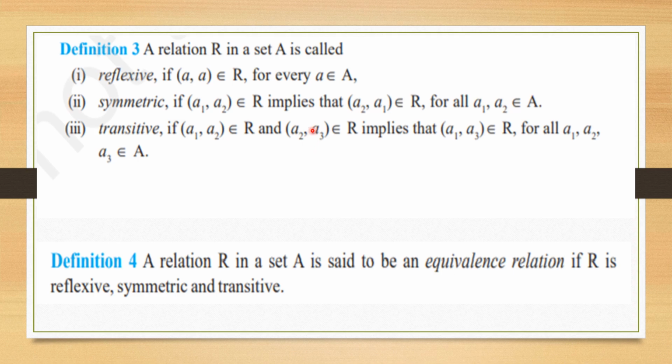We will discuss it in your questions and then it will be clear to you. And a relation R in set A which follows all these three conditions, that is, it is reflexive, symmetric and transitive, is called an equivalence relation.